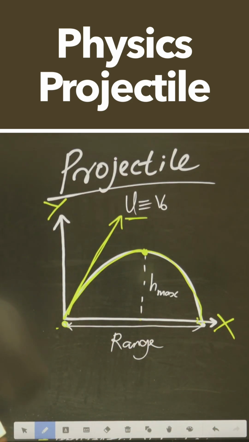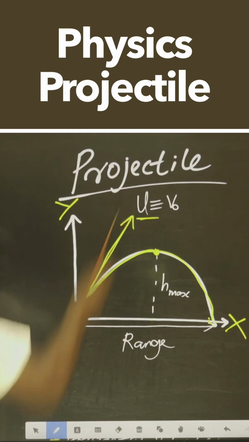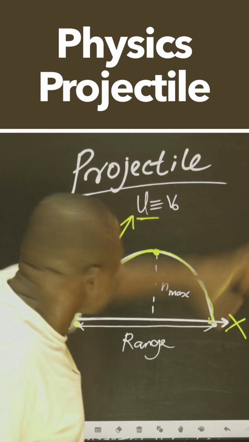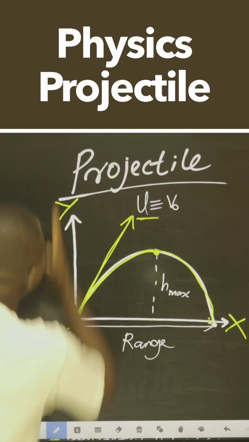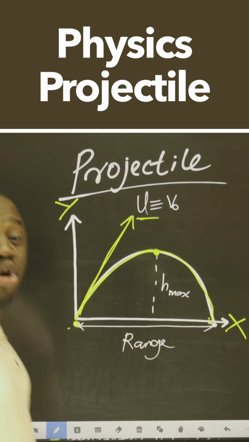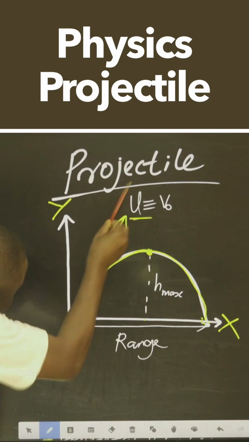Now, we cannot just use this velocity. When you want to use this velocity, you can't just put it like that. You have to get the component of this velocity in this direction and the component of the velocity in this direction. This is like the resultant.